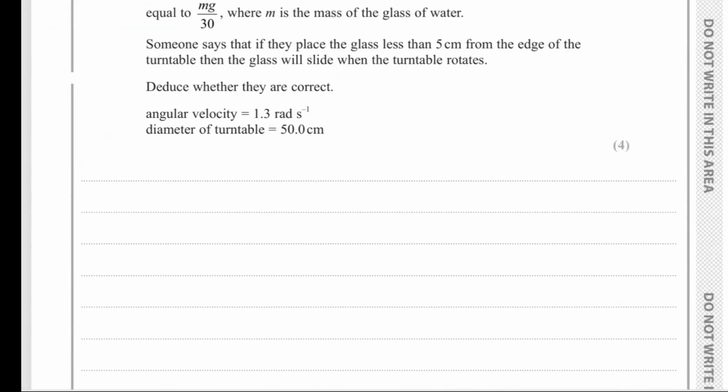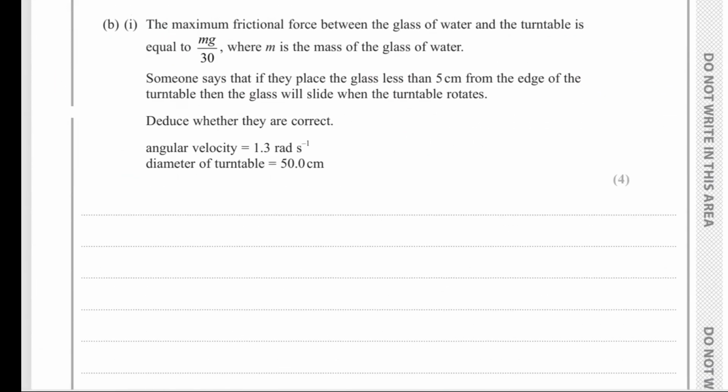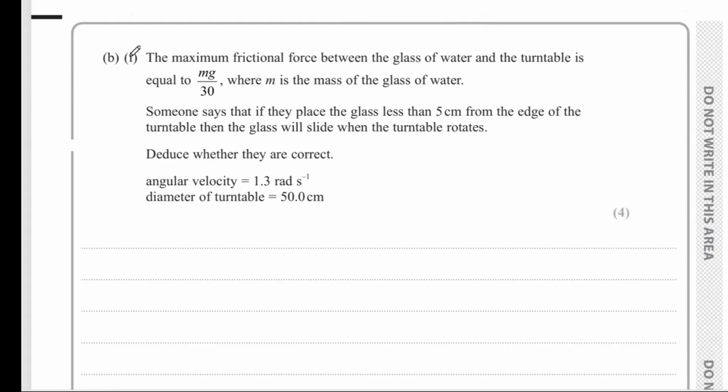You've got 2 points. Now, we've got something like B1, right? In this question, they're telling us that the maximum frictional force between the glass of water and the turntable is equal to mg upon 30, where m is the mass of the glass of water. Someone says that if they place the glass less than 5 centimeters from the edge of the turntable, then the glass will slide when the turntable rotates.